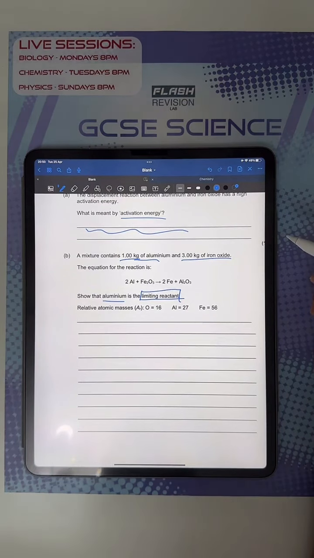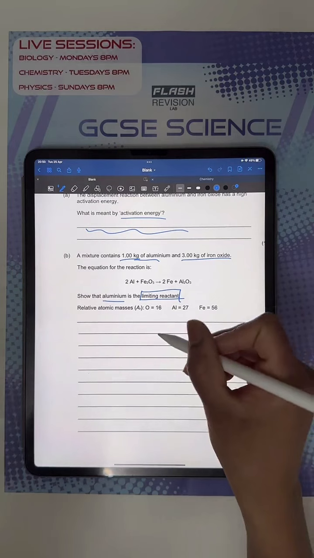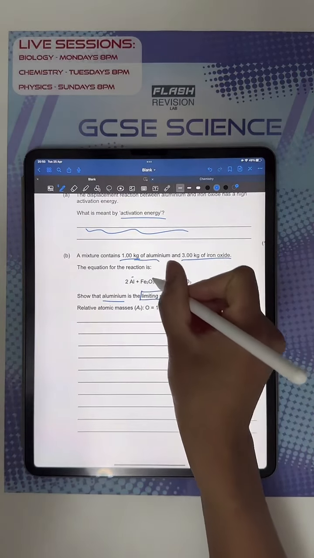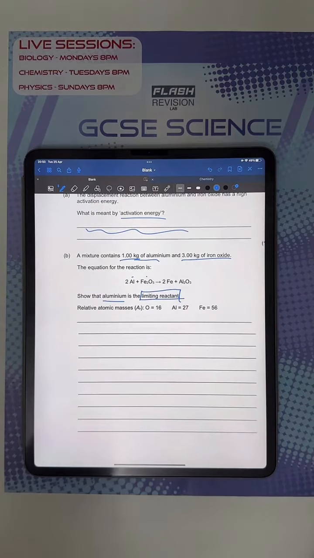It's a tricky one. Find moles, yes. Finding moles is a good start. So this isn't going through those steps that I talked about. To find the limiting reactant, we need to work out the moles of this and the moles of this.